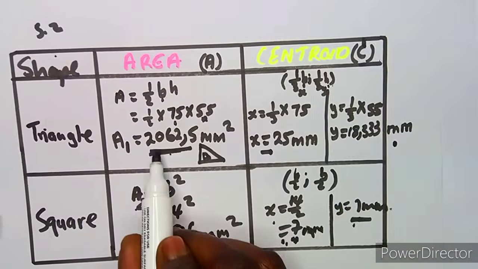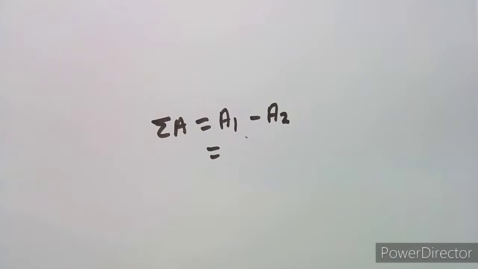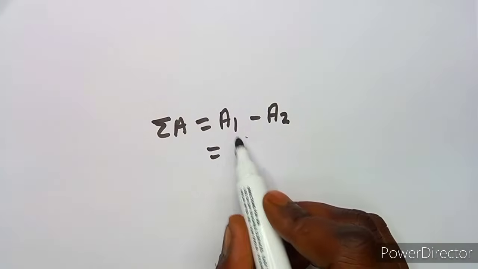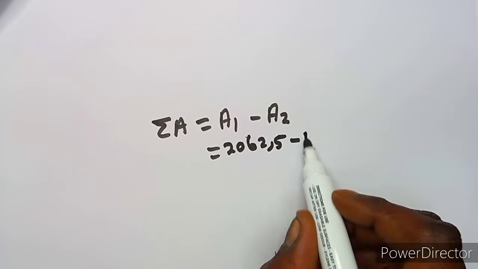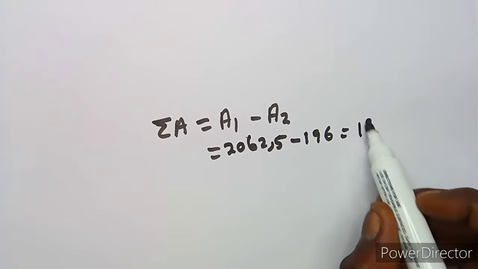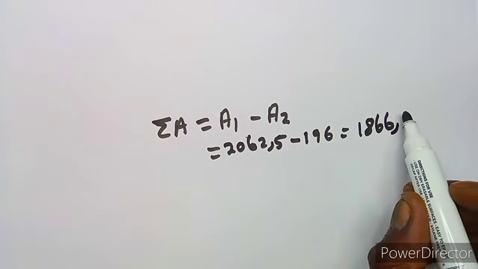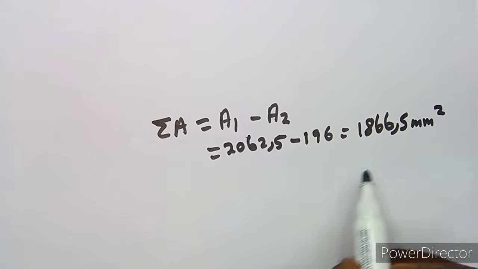You're going to subtract 2025 minus 196, which is going to give us something like 1866.5, which is in square millimeters. So that's your total area.